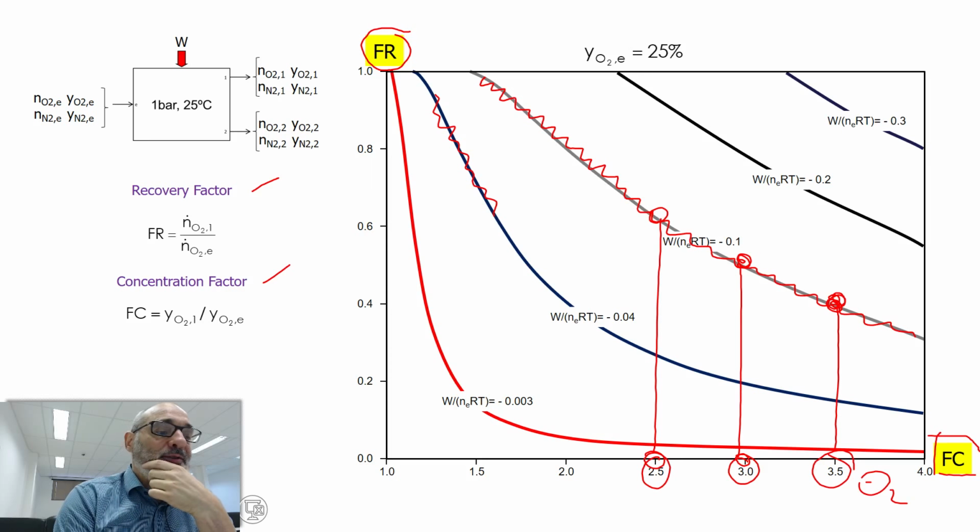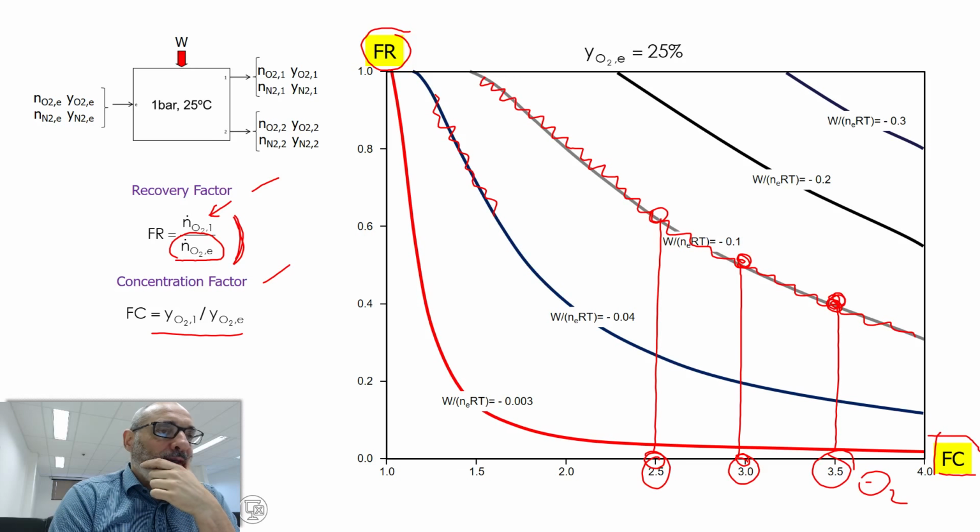The recovery factor is the ratio of the flow rate of the product of interest to the input flow rate, and the concentration factor is analogous.